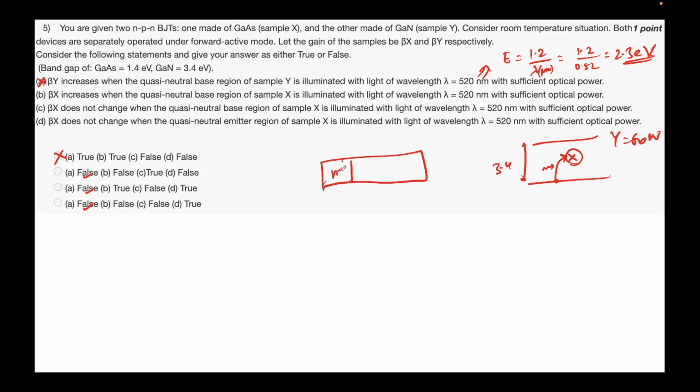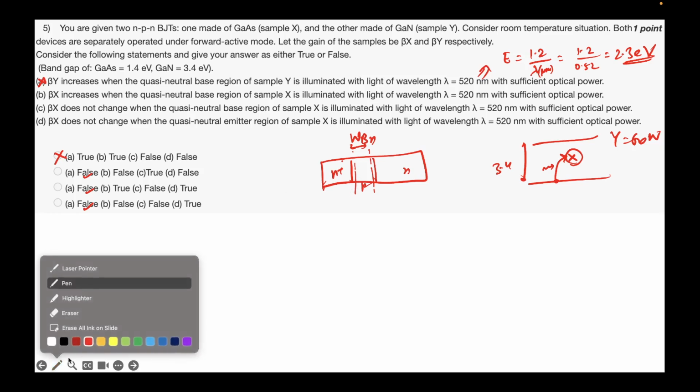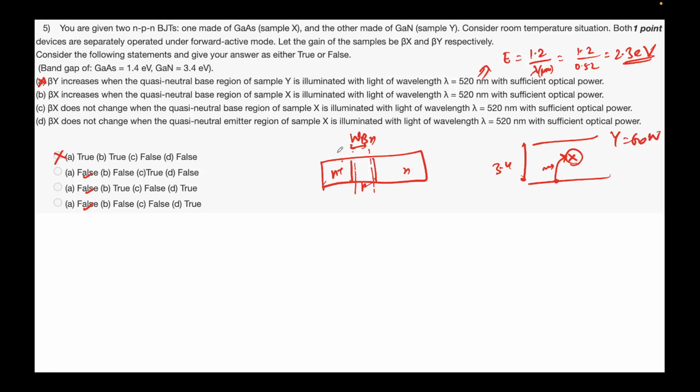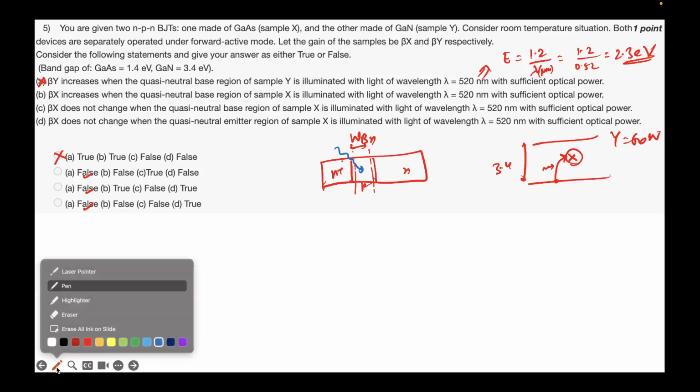So n plus, P and N, with the depletion widths here, and this region is WBN, the neutral base width. We are shining light in this region. Right, so you're shining light over here.